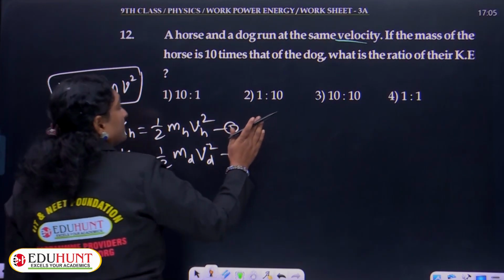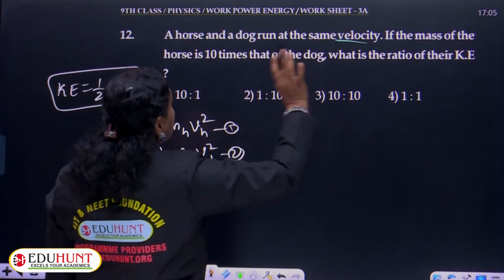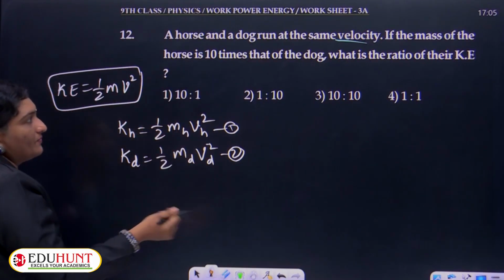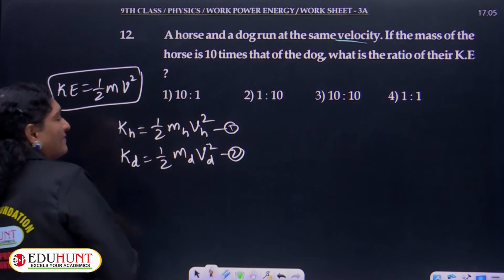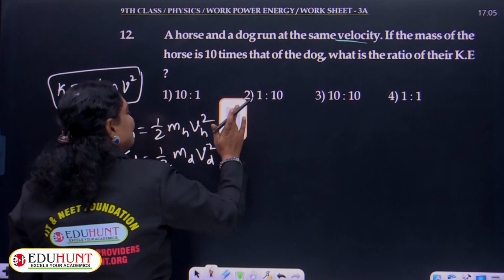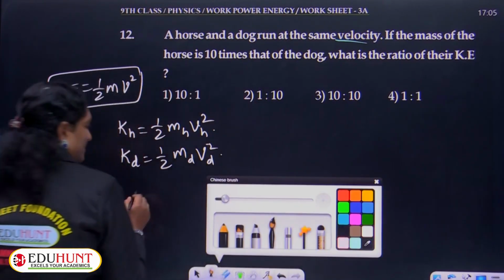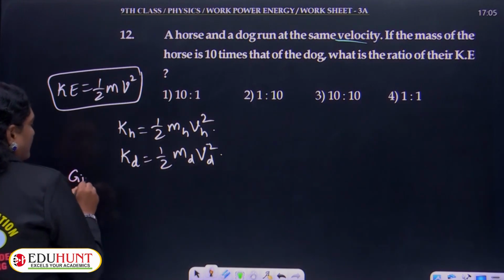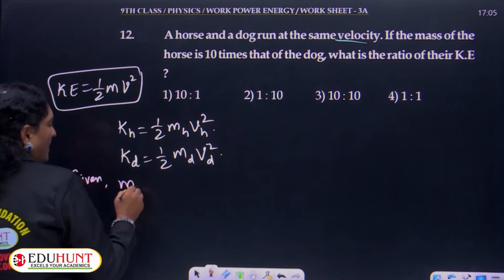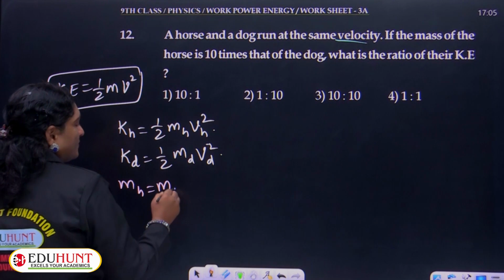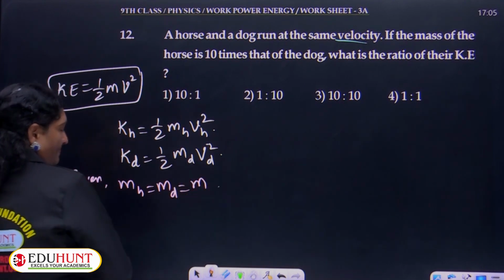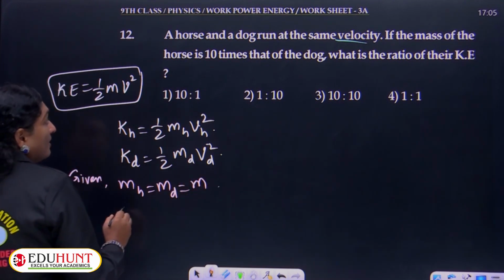Before that, the mass of the horse is 10 times that of the dog, but moving with the same velocity. So, let us write the given condition. Given that mass of the horse, mass of the dog, let us keep it as some m. And what else is given?